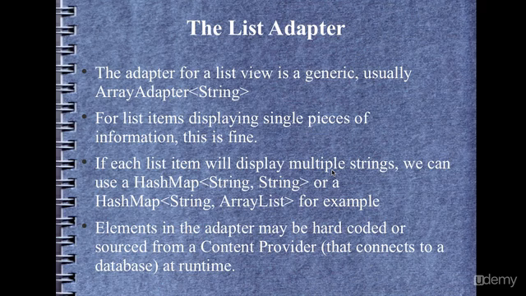So elements in an adapter, we can hard code them, or we can source them from a content provider. In other words, we can provide this list as a hard-coded list of elements in our adapter, or we can source them out of a content provider using something called a content resolver that we're going to talk about when we talk about content providers.